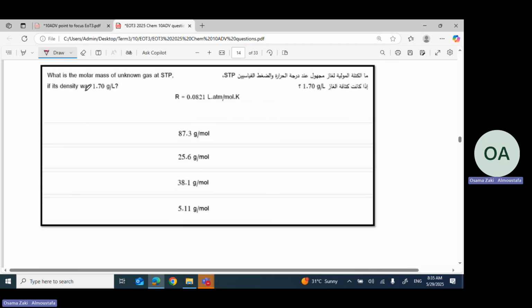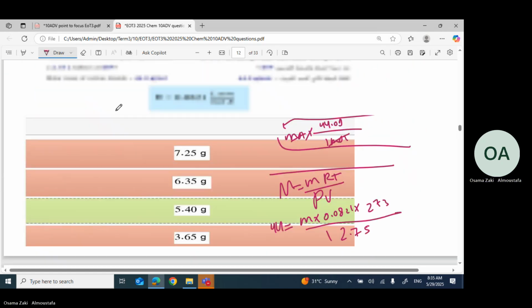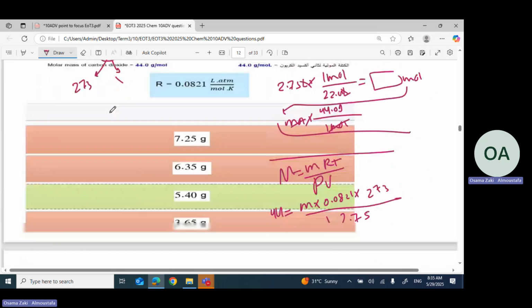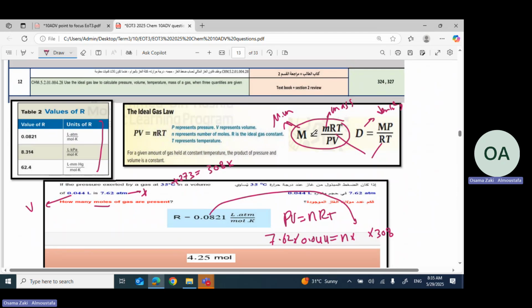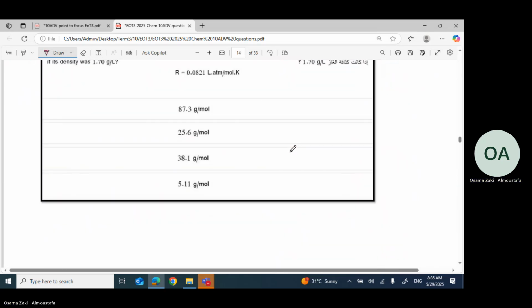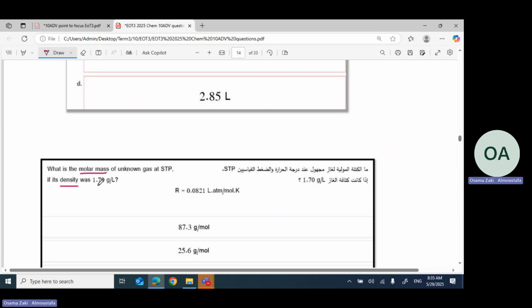This question was the molar mass. Okay, we have two formulas here, because here we have molar mass and here we have molar mass. We use this if we have mass. We use this if you have density. Okay. So look at this question. What do we have? We have density.